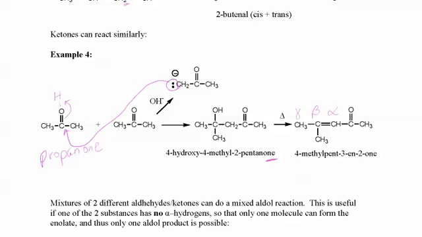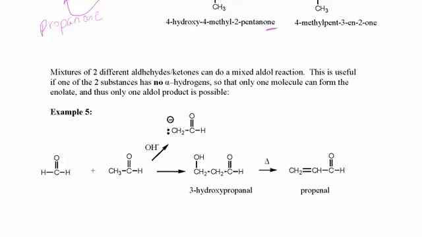Okay, last example down here. You don't have to use 2 identical molecules that are coupling together. If you only have one ketone or one aldehyde available, then it has no choice but to couple with itself.